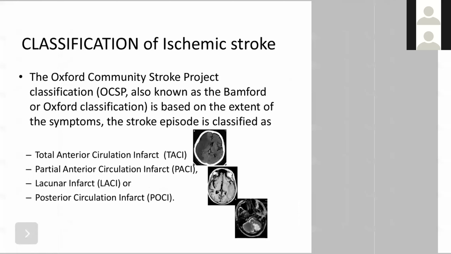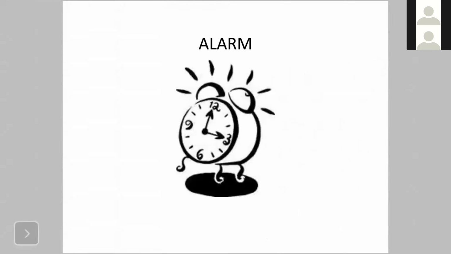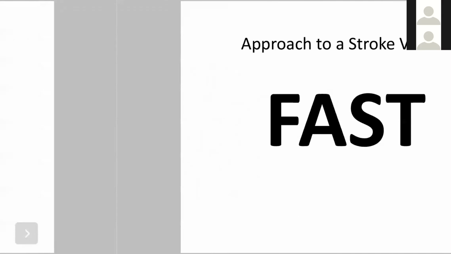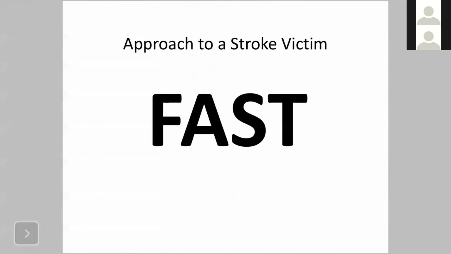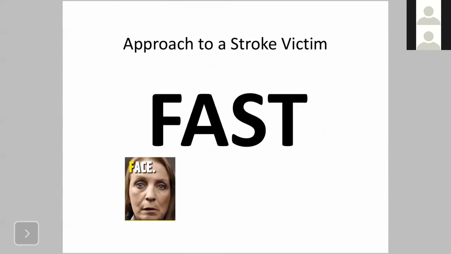So a stroke is an alarming situation, and what does this alarm tell you? This alarm tells you that you have to approach the stroke victim FAST. What does FAST mean? FAST is an abbreviation that tells you how you would recognize the stroke, and the F stands for face.